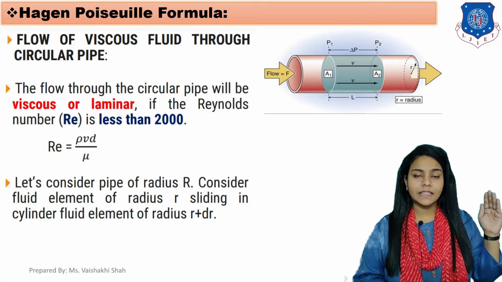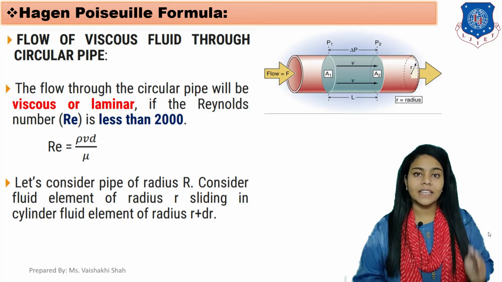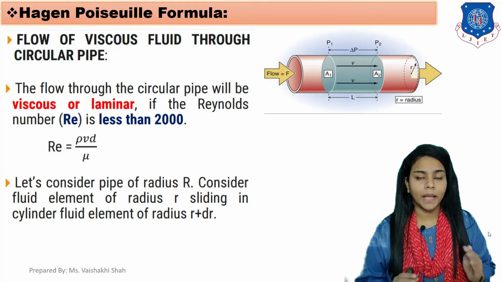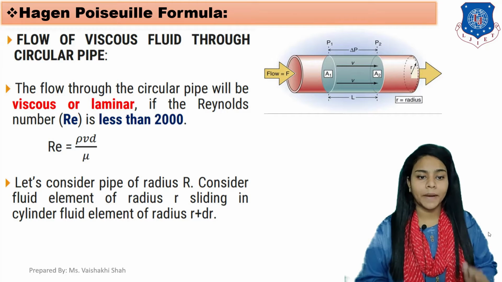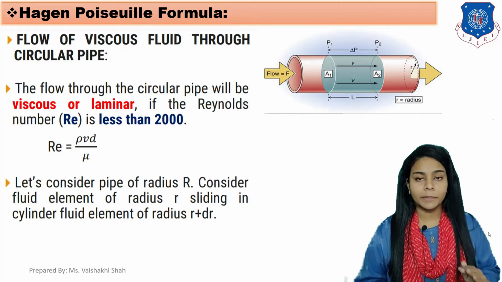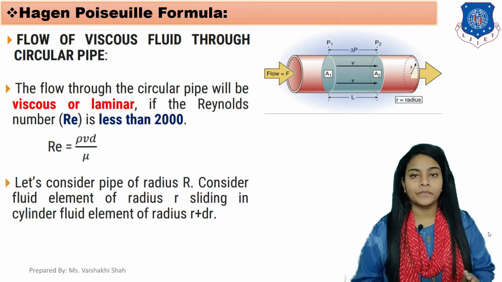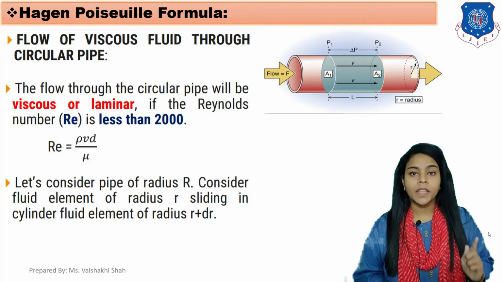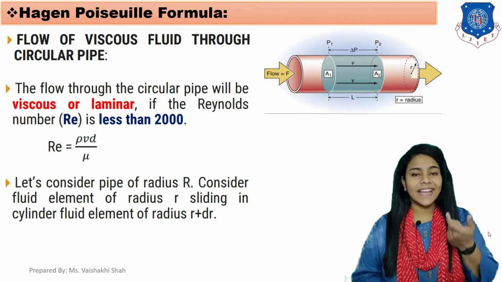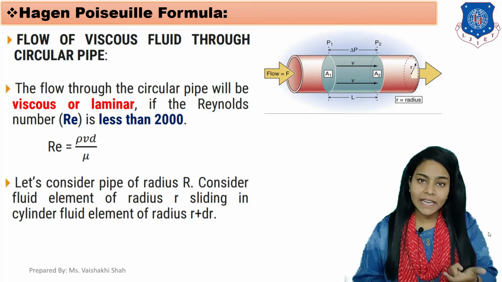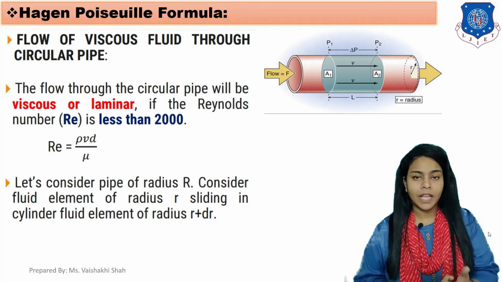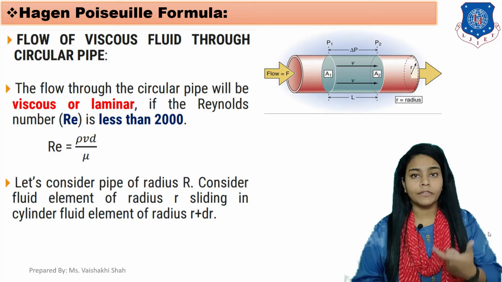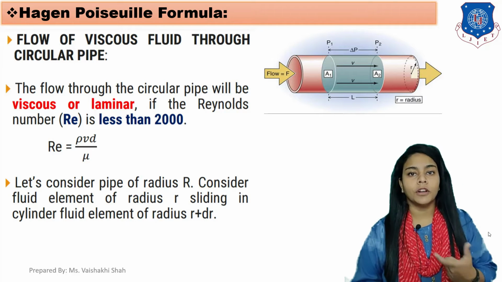Here you can see in this figure that we are considering a circular pipe, and the radius of the circular pipe is capital R. In this pipe we selected a small element of fluid, and the radius of that element is small r.